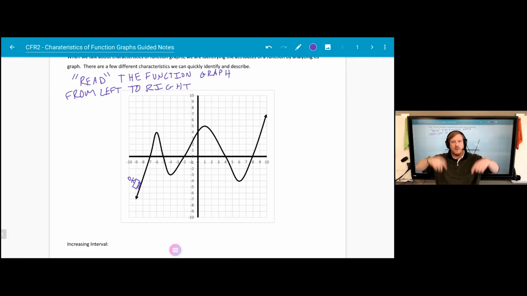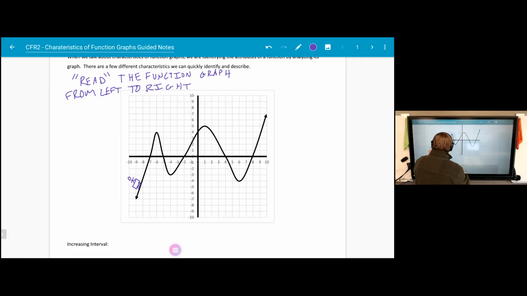Up and down indicate the y-axis, so we've already taken care of the y part of things. We know it's going up, but we don't know where in x it's going up. That's what we're going to describe.